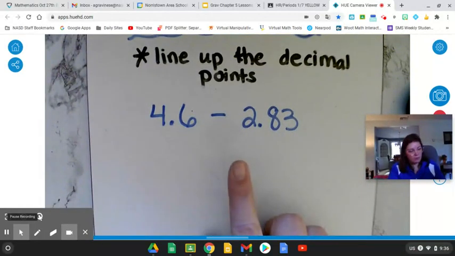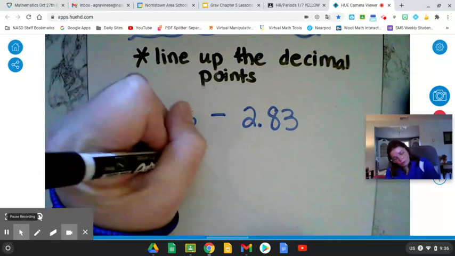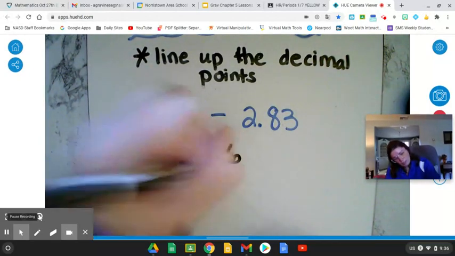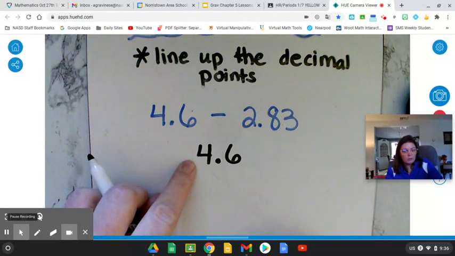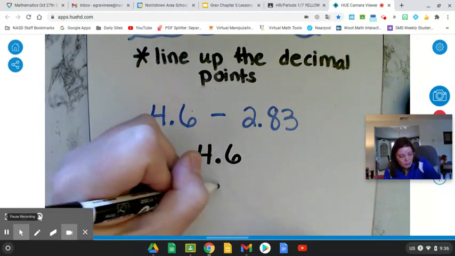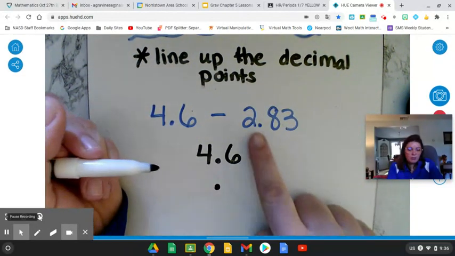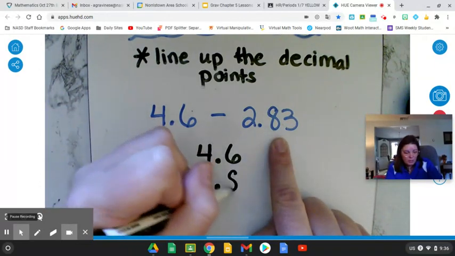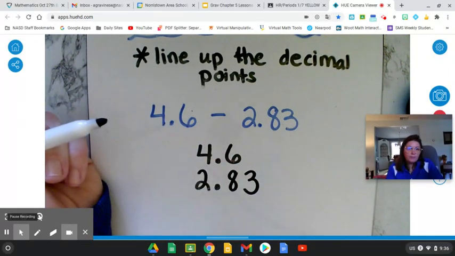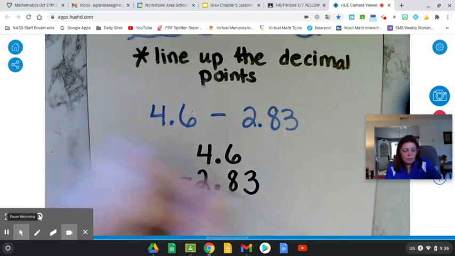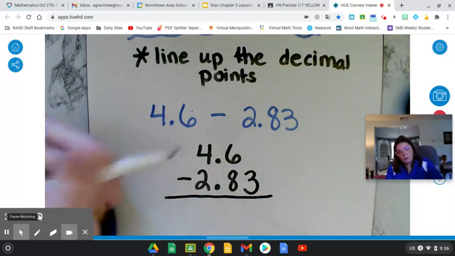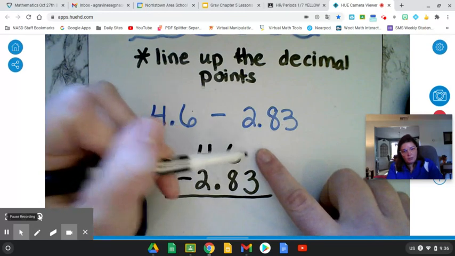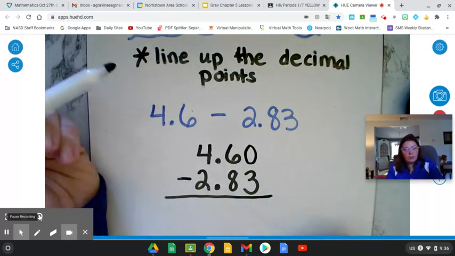Without your place value chart, we're going to do the same thing as with adding. I'm writing in my first number, and then I'm putting my decimal point to get ready for my second number and building around that. 2 was in front of it, 83 was behind it. Remember, it's subtraction. I can see that I have a missing digit, so I place a 0 there.